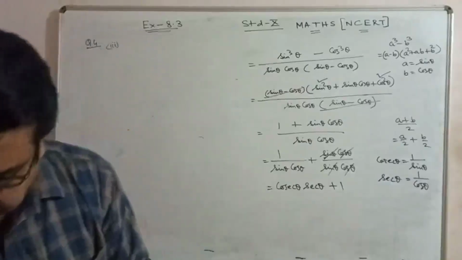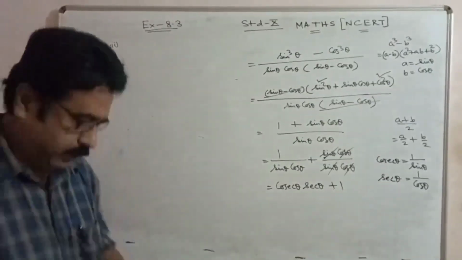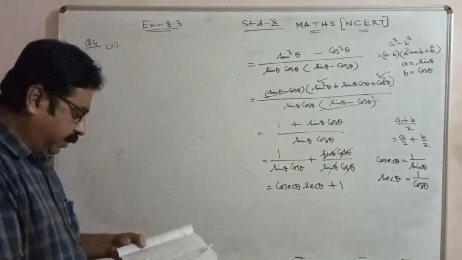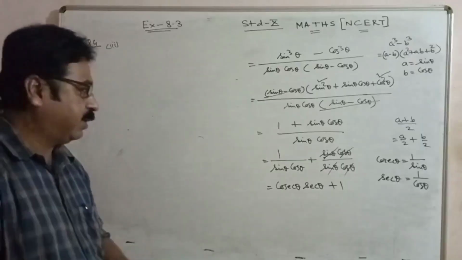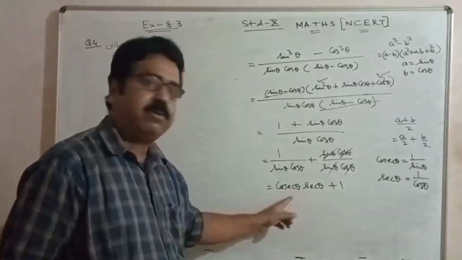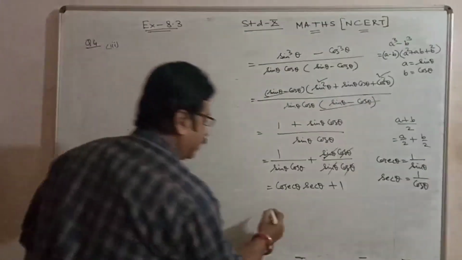Let us see the right hand side. Right hand side, it is given 1 plus sec theta cosec theta. Same thing, 1 plus sec theta cosec theta equals the right hand side.